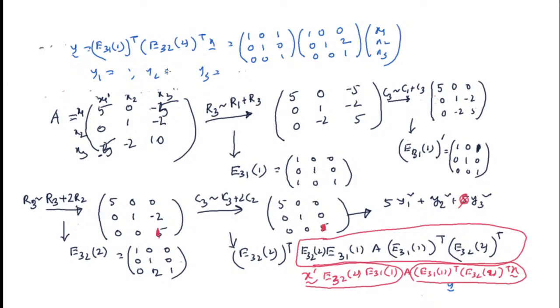Okay, so this is called canonical reduction, and if you want to make it normalized form, then you need another transformation. Mind it, you need to apply row and column operations simultaneously.